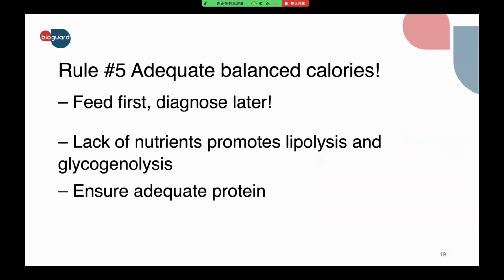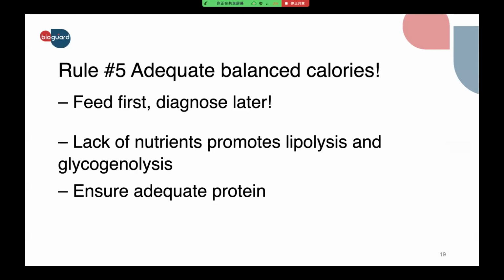Rule number 5 is to give adequate balanced calories. For hepatic lipidosis cases, the most important thing is food. Sometimes it doesn't matter what kind of liver supplement or specific liver treatment you give.